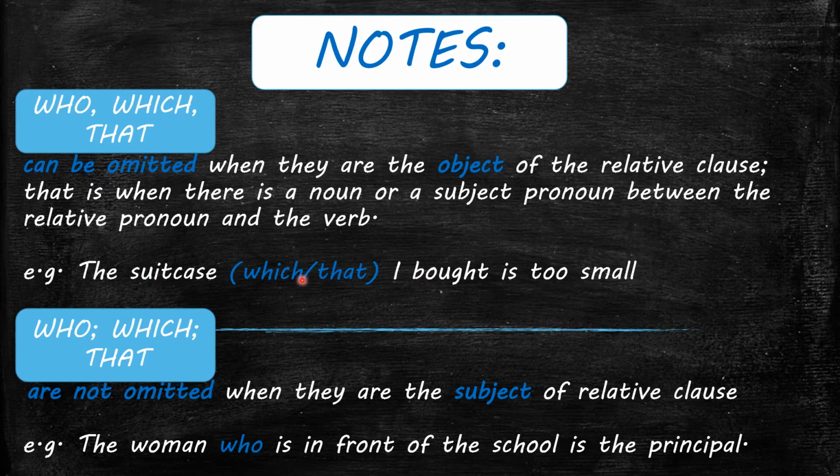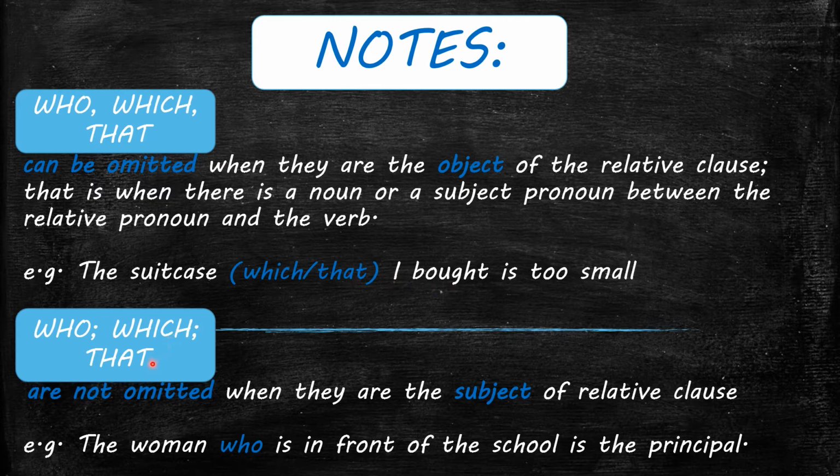First of all, which and that are used in the same way, and they identify the suitcase. They are put in brackets because they can be omitted. Why? Because they are used as the object of the relative clause. In this case, as we see, the subject pronoun is between a relative pronoun and the verb.